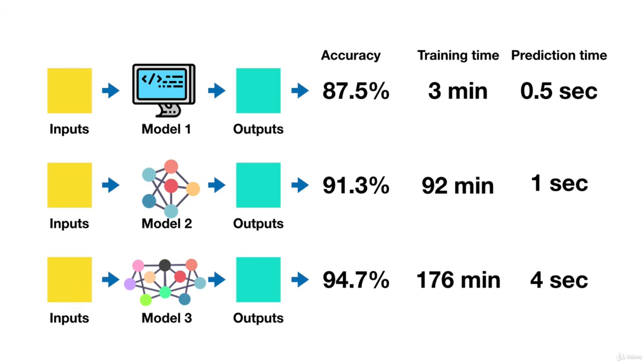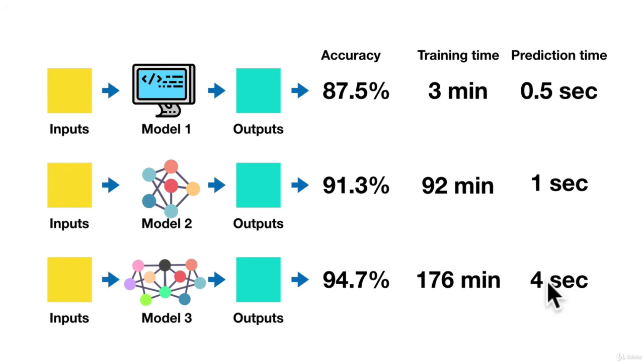And during comparison, you'll want to make sure you take into account not only the final result, but what it took to get there. If Model 2 takes 1 second to make a prediction at 93.1% accuracy, Model 3 takes 4 seconds to make a prediction at 94.7% accuracy, is that extra 3% accuracy worth that extra 3 seconds of prediction time?